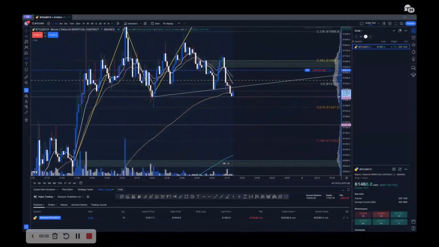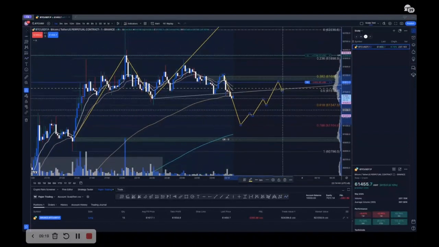So it can go all the way down here, then start rebounding and go up to maybe this TP point. That's what I think it can do if it doesn't hold at this support resistance line.